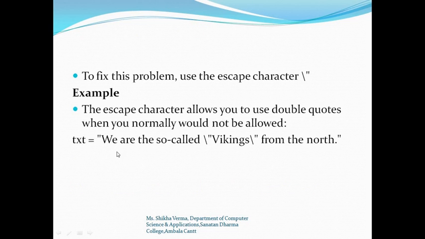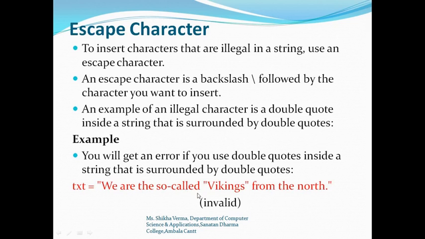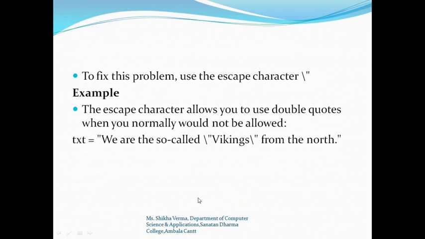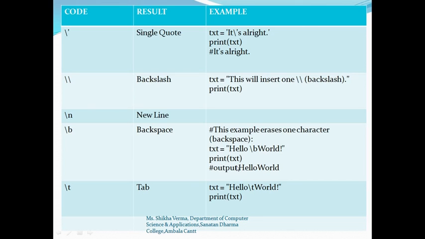So for example, if you want this particular string to be a valid string, then just write backslash before this double quotes and backslash before this double quotes. Then this will be okay. So here are some escape characters like single quote.